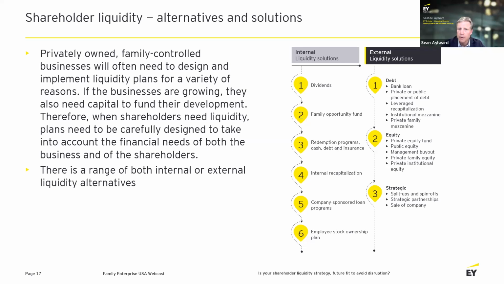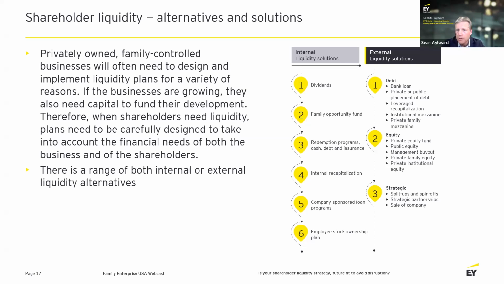Not going to touch on all of these, but I wanted to cover a couple of others. The next one is a redemption pool. This was mentioned in the questions. A redemption pool is a policy where the company sets aside a certain number of dollars on an annual basis and gives the shareholders the ability to redeem their shares, so to turn shares back to the company in exchange for cash.